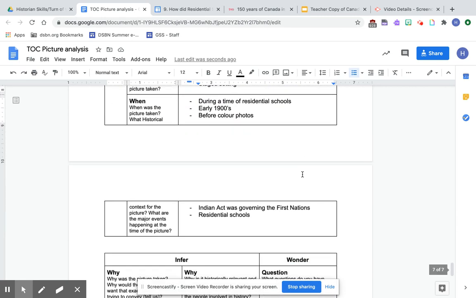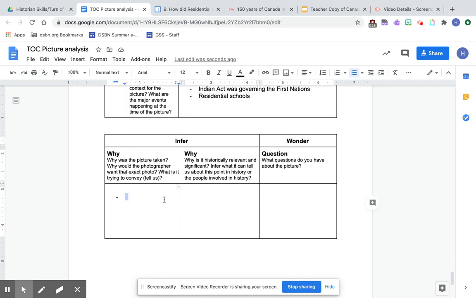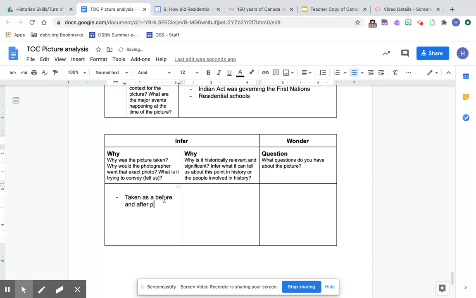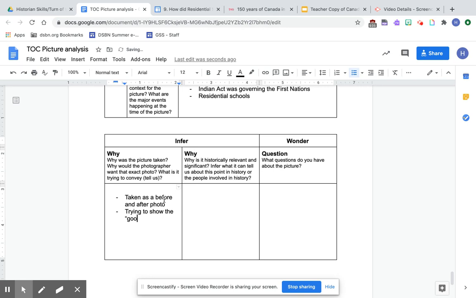So it is very much a before and after photo. Now, again, your inferences might have been very different. I would love to hear what your inferences were, but I'm going to give you some context here. So it was taken as a before and after photo, trying to show the good, putting good in quotation marks, of residential schools.